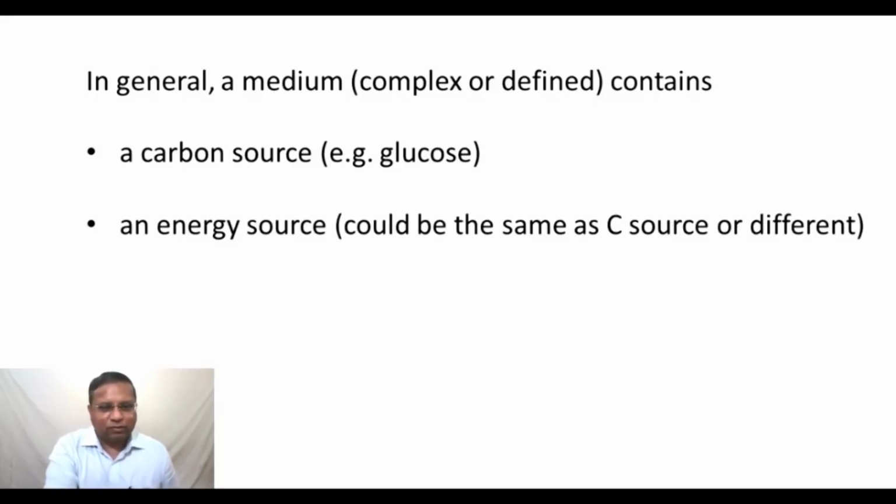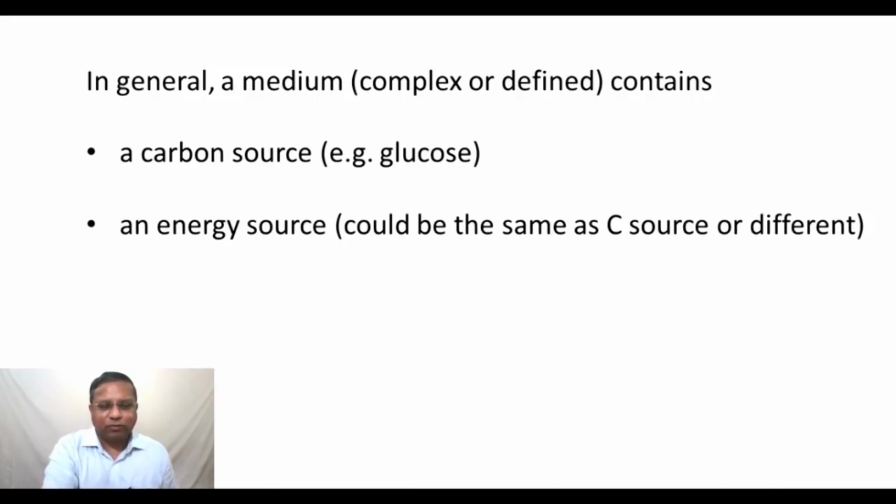An energy source, which leads to the formation of ATP and so on and so forth. It could be the same as carbon source, or it could be different. The glucose gets into this pathway, glycolysis, and then another pathway called the TCA cycle, and then oxidative phosphorylation, and thereby produces ATP. In this case, the glucose itself is the energy source. Many times you could have other pathways that produce energy, and the energy source could be different from the carbon source.